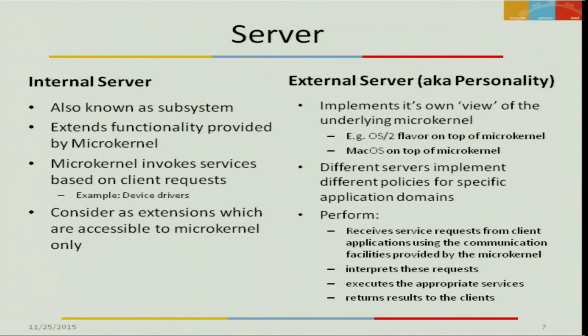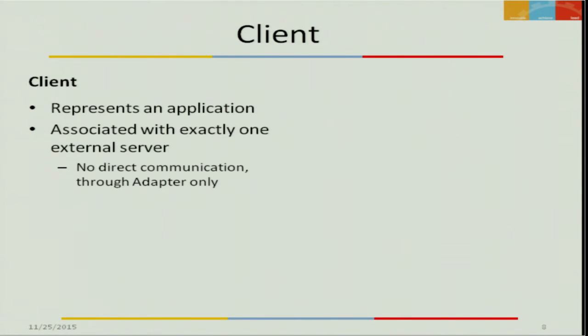Let's look at this sequence diagram to understand what happens. The client calls for a service to the adapter. The adapter in turn creates a particular request, and then it invokes the microkernel to start a communication mechanism.